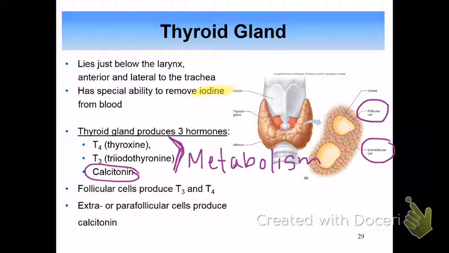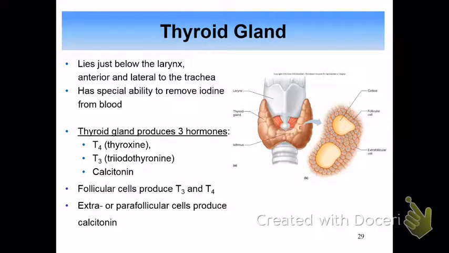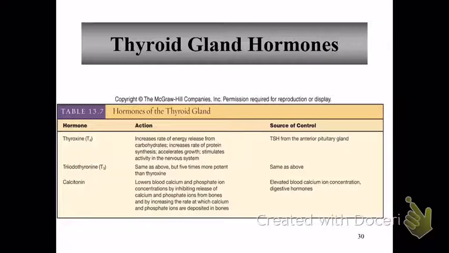T3 and T4, we know, are metabolism. Calcitonin lowers blood calcium, so that's what you want to know. Calcitonin stimulates, let's write it in.